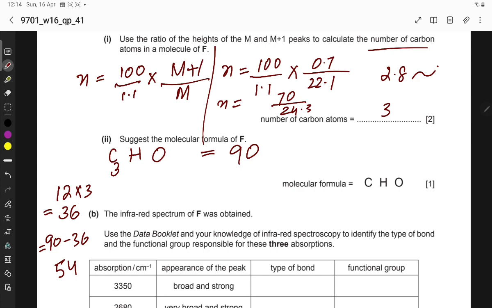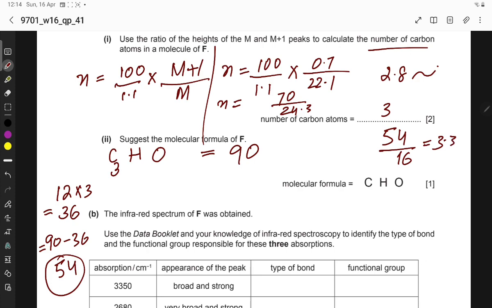So how to predict the number of oxygen atoms? We know the Ar of oxygen is 16. So by dividing 54 over 16, this is approximately 3.3.